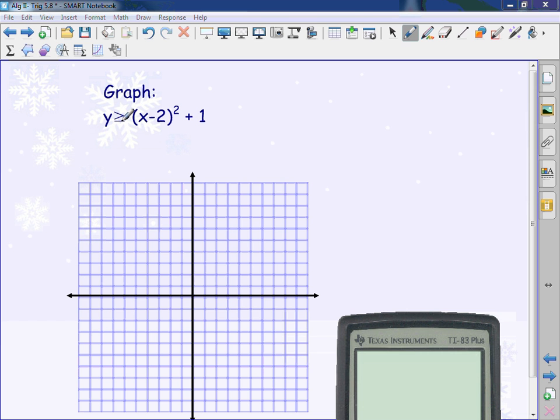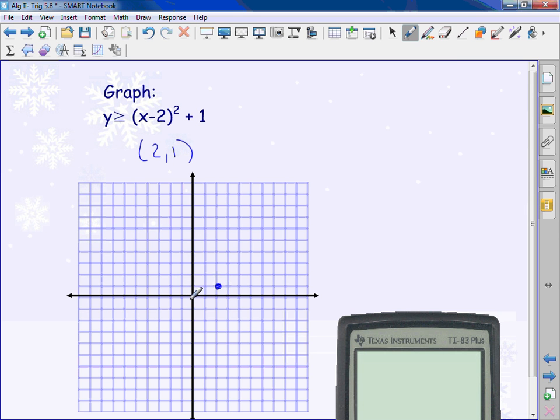This is in vertex form. In vertex form, this tells me my vertex is at 2, 1. So 2, 1, there's my vertex. Now, all I need to do is find the points to graph. Really, all I need to do is find the y-intercept.